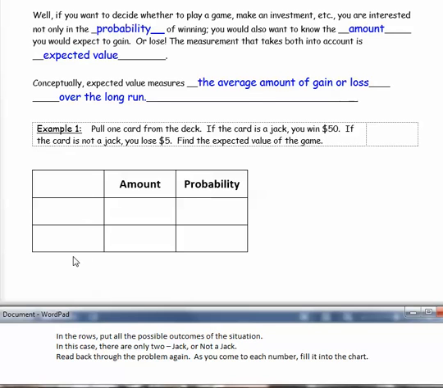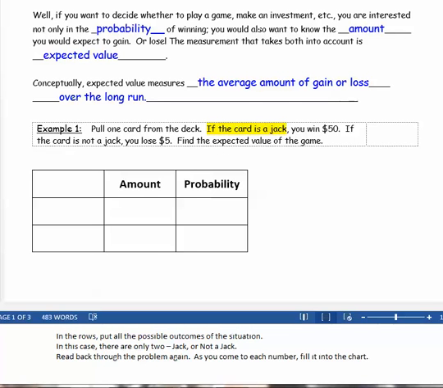In the rows, put all the possible outcomes of the situation. In this case, there's only 2, jack or not a jack. So in the rows, jack and not a jack.